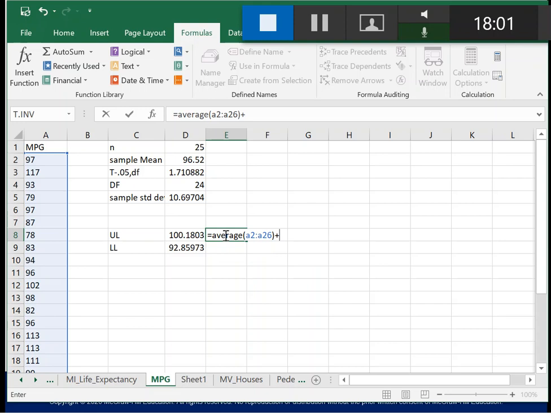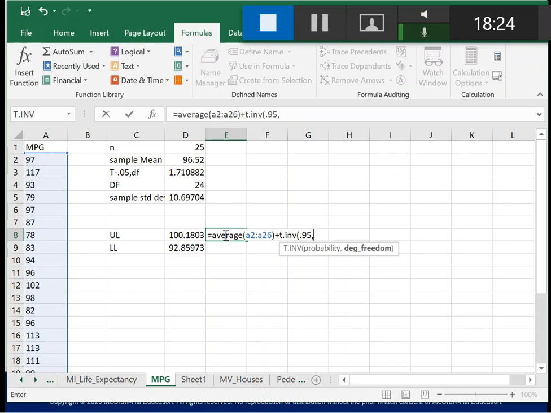Plus, okay, now again, we're going to use minus for the lower limit, but I'm going to use plus for the upper limit. All right, here I want my T.INV formula with 0.95 probability because I'm estimating that there's 5% in the right tail, so everything to the left of that right tail is 95%.